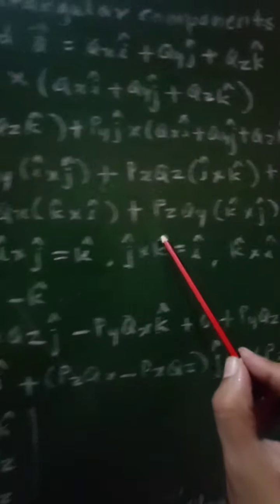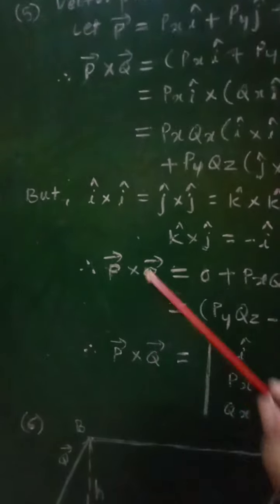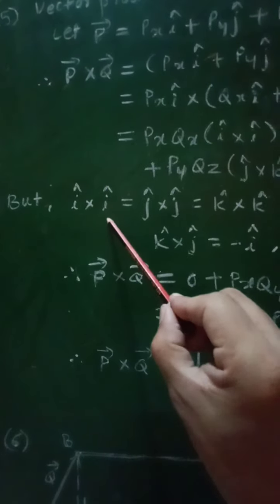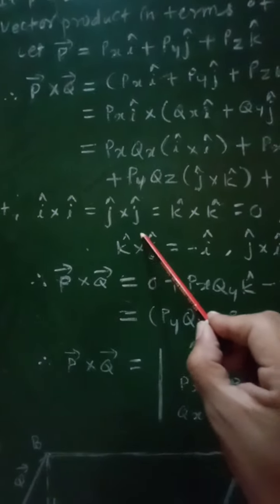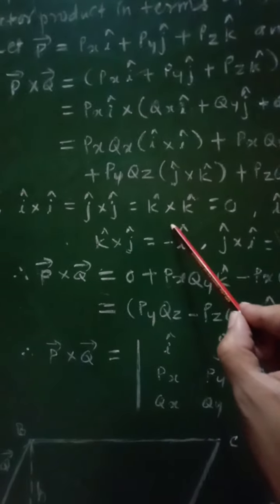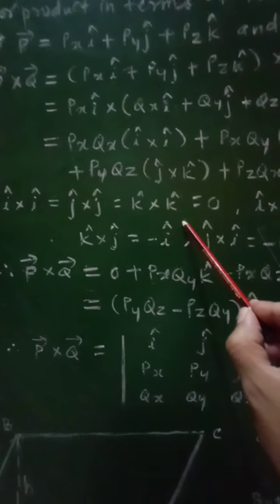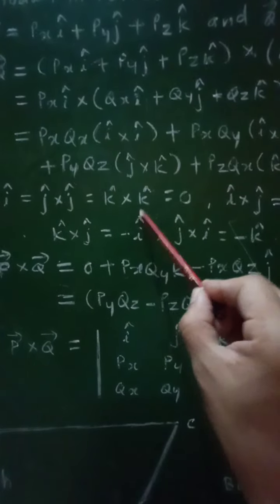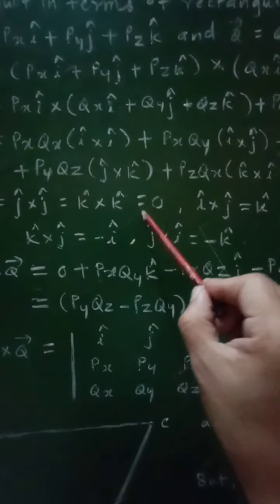So like this, in the form of products, all these will be written, but we have i cap cross i cap equal to j cap cross j cap equal to k cap cross k cap equal to 0, because these vectors are parallel to each other. Therefore their vector product will be equal to 0.